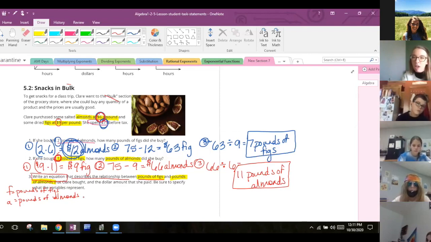The price of the almonds is going to depend on how many pounds of the almonds that we get, right? Do y'all agree? Okay, so how can I set this up to represent that relationship of the prices of the almonds and the figs and the amount of pounds that we're going to get? How could I show that mathematically?